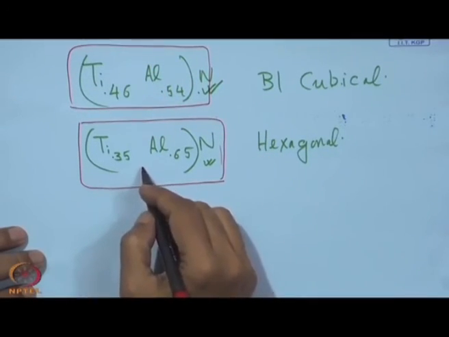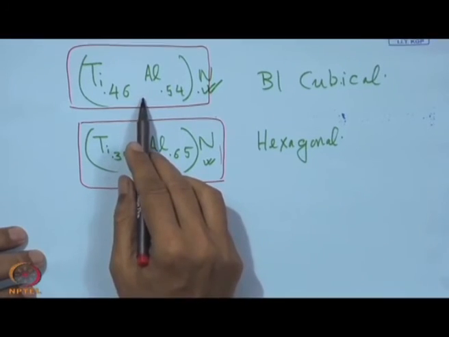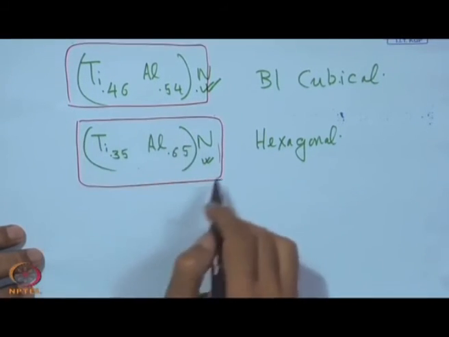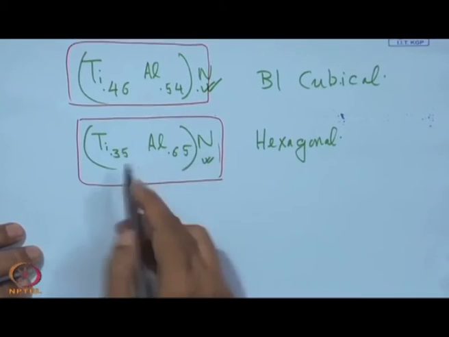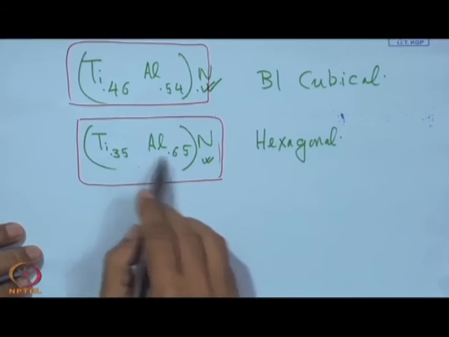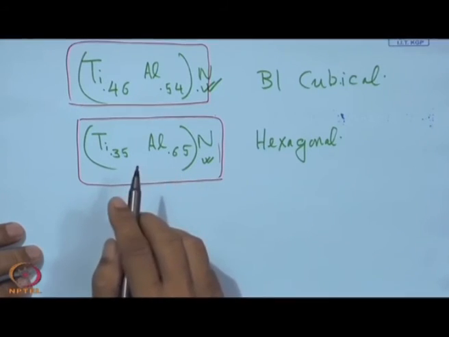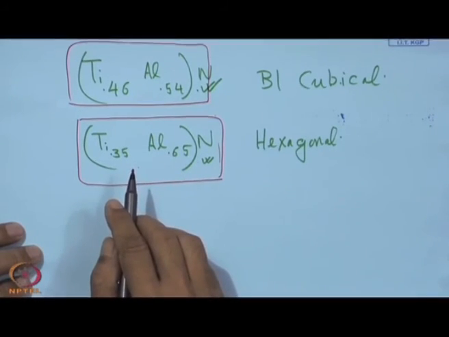That means, it is metastable compared to this one, but we can keep this proportion of titanium and aluminum with nitrogen without any change by high ionization sputtering or by high ionization pulsing.